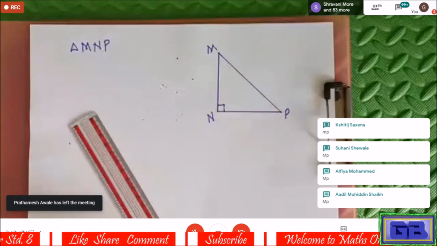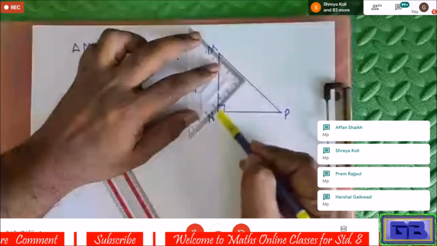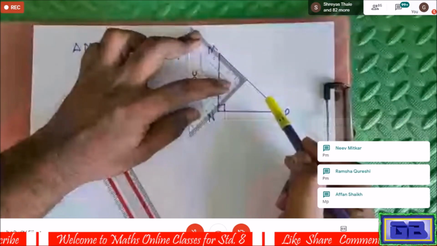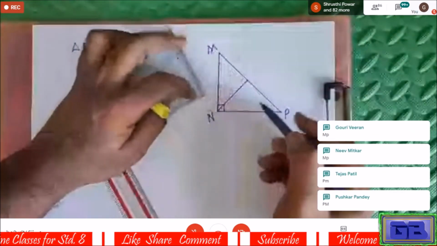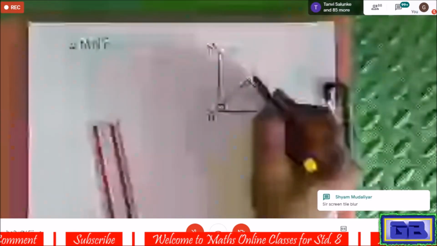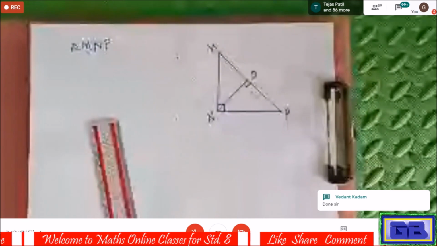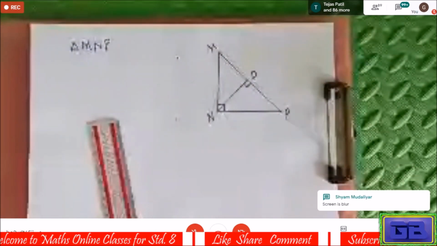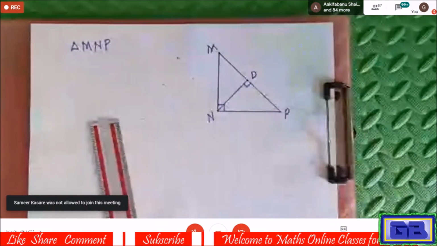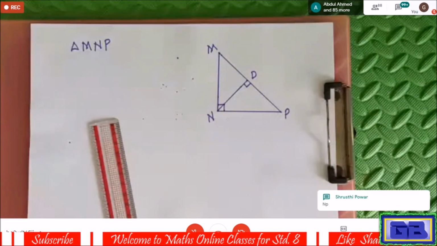Take your set square, keep it on side MP, and adjust the vertical side of the set square on vertex N. Draw this perpendicular. Now you have to give it a name, D. You can give any name. I have given here D. Now tell me, for point M, what is the opposite side for vertex M?